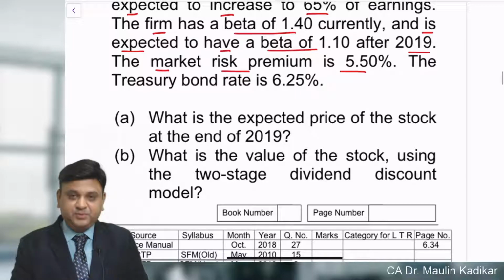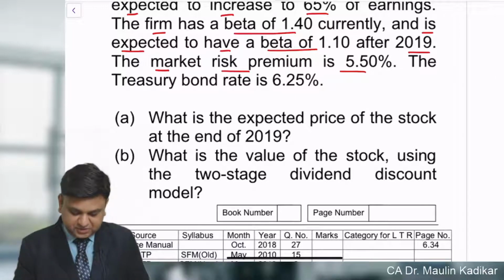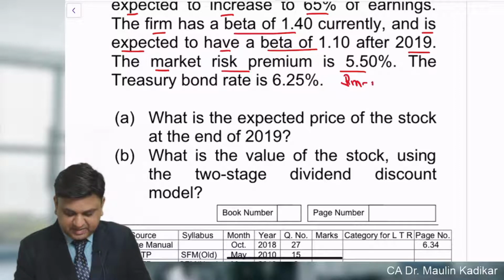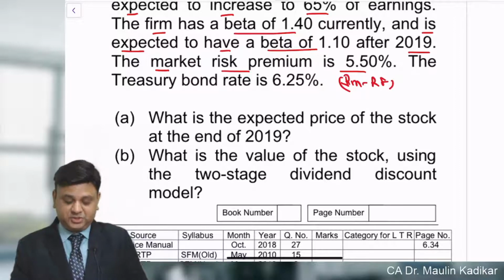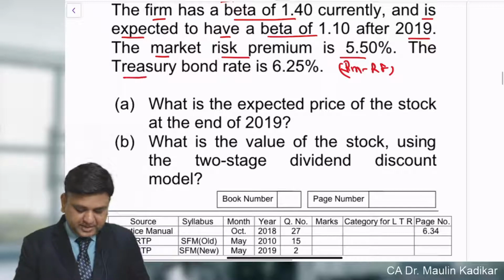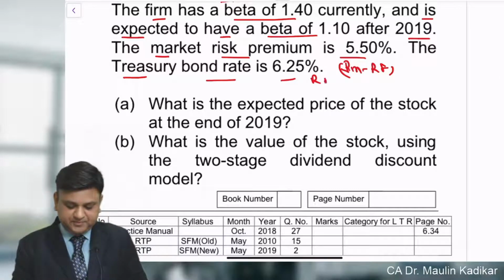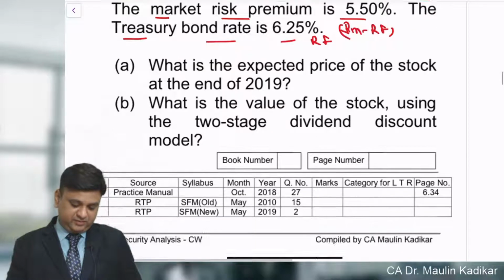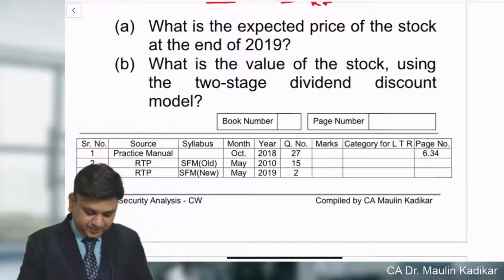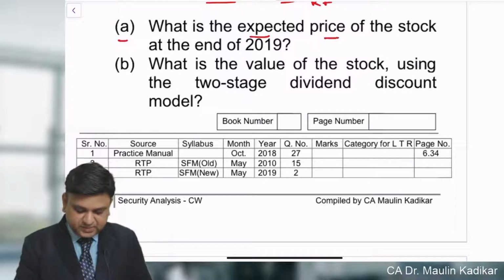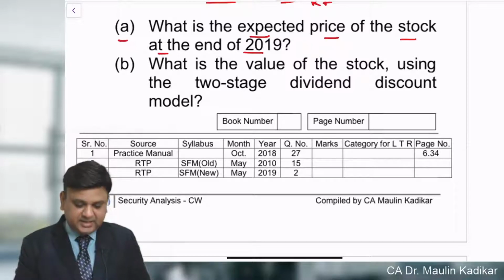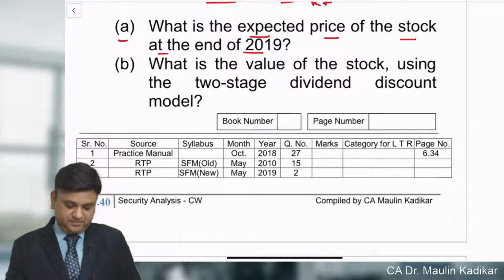The market risk premium is 5.5%, that is RM minus RF is 5.5%, and the Treasury bond rate is 6.25%, that is RF is 6.25%. The question: what is the expected price of the stock at the end of year 2019?